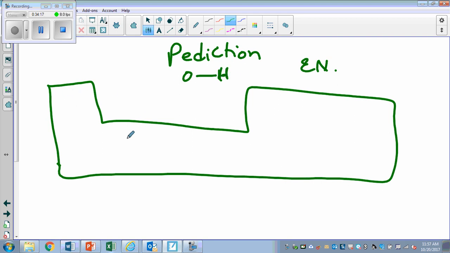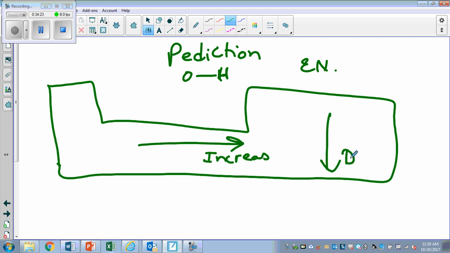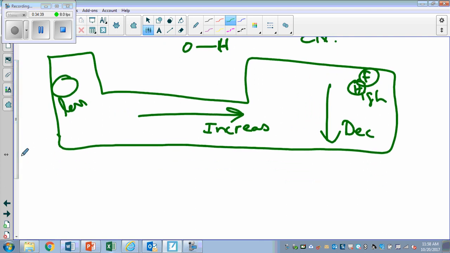So electronegativity increases across and it decreases down. So the greater the electronegativity difference is, like if you have somebody from here and somebody from here, they have very low electronegativity, they have high electronegativity. Fluorine is the most electronegative element. So the greater the difference is, the more the chances are that it will be an ionic bond.